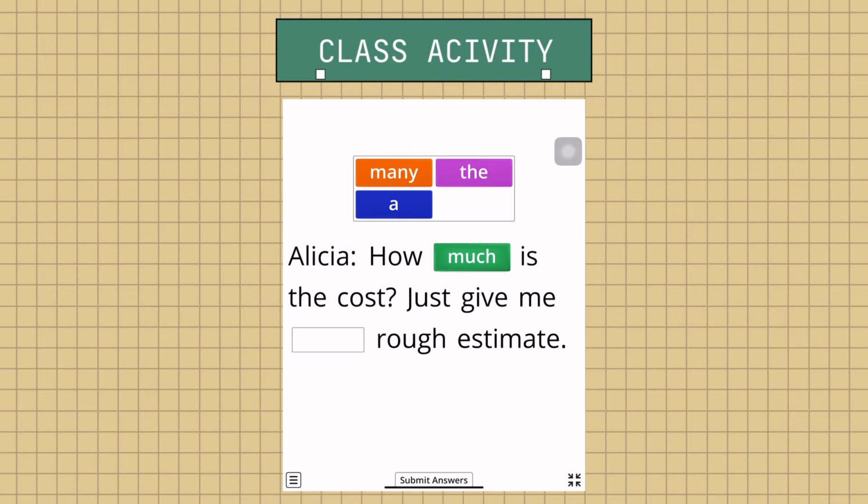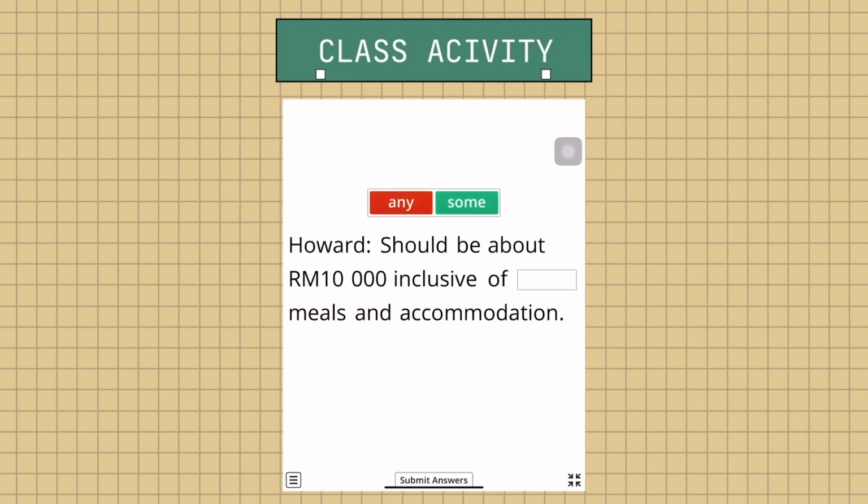Just give me a rough estimation. We use a in front of singular nouns that begin with consonants. Okay, very good. Proceed to the next slide.